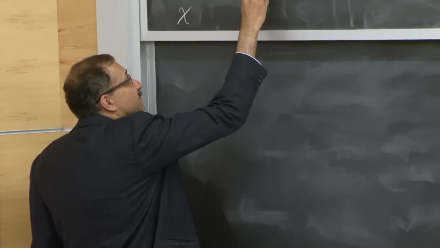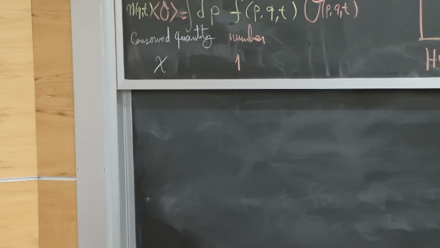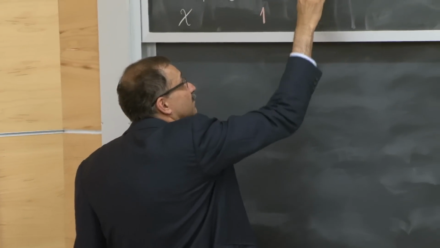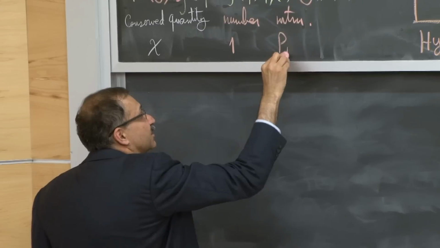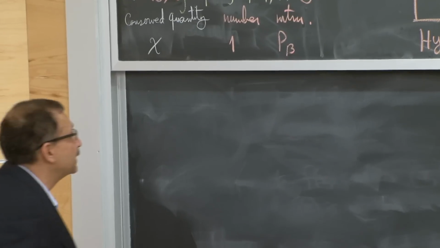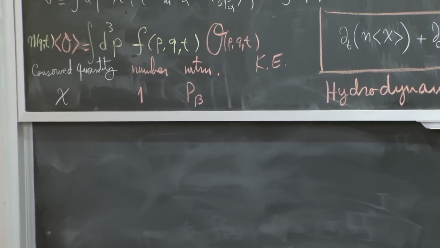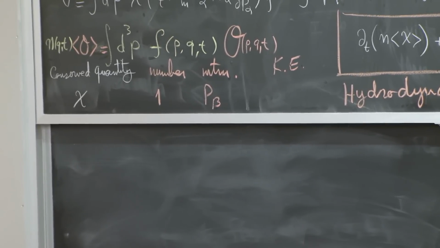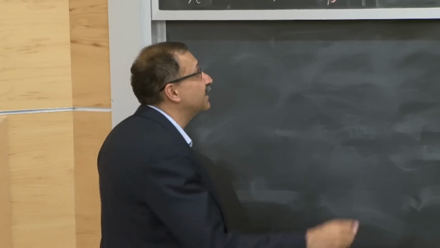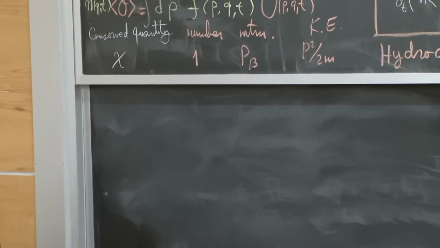One of them was related to the number conservation. And essentially what you have is that 1 plus 1 equals 1 plus 1. So it's obvious. The other is momentum. And there are 3 components of this, px, py, pz. And the third one is the kinetic energy, which is conserved in collisions. I mean, in a potential, clearly the kinetic energy of a particle changes as a function of position. But within the short distances of the collisions that we are interested in, the kinetic energy is a conserved quantity. Okay?